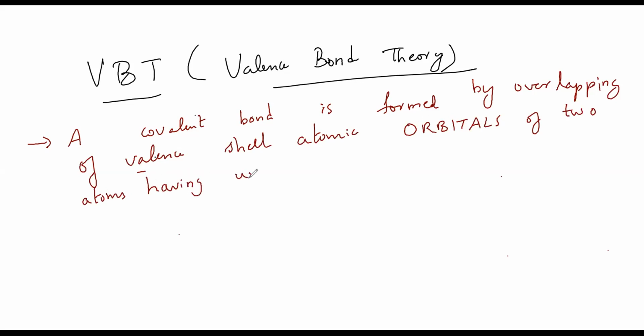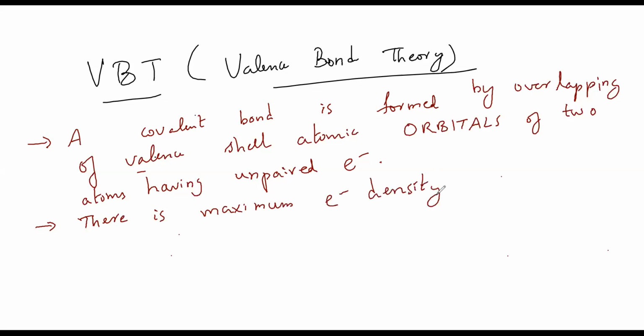Having unpaired electrons. This is my first point. Second point, there should be maximum electron density. E minus stands for electron, okay? Electron density between the bonding atoms.